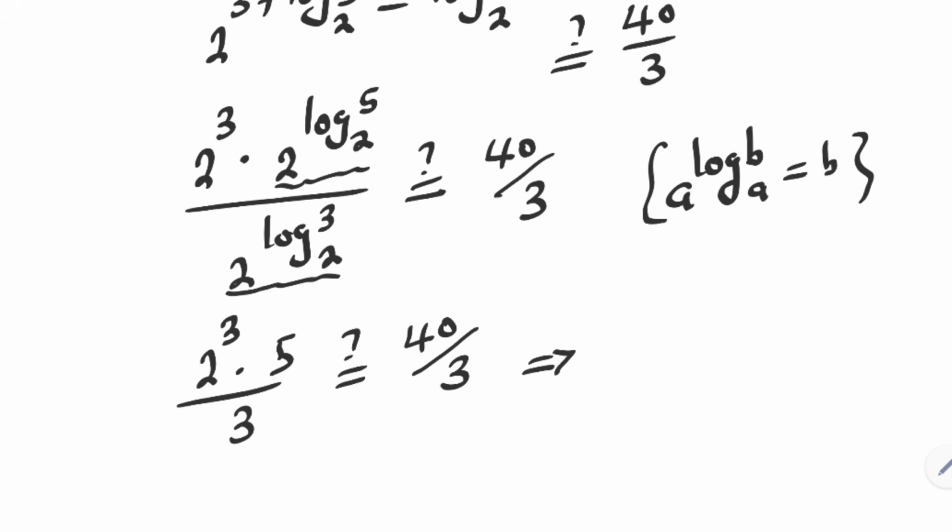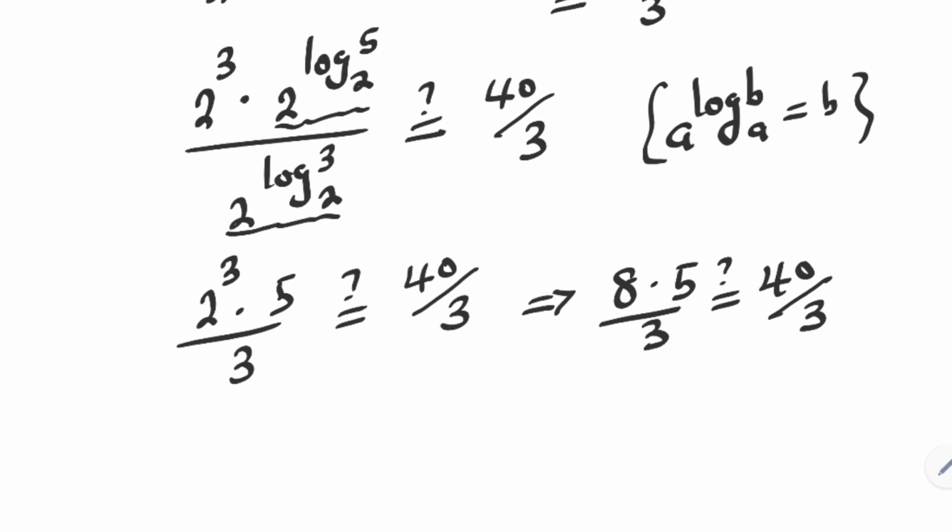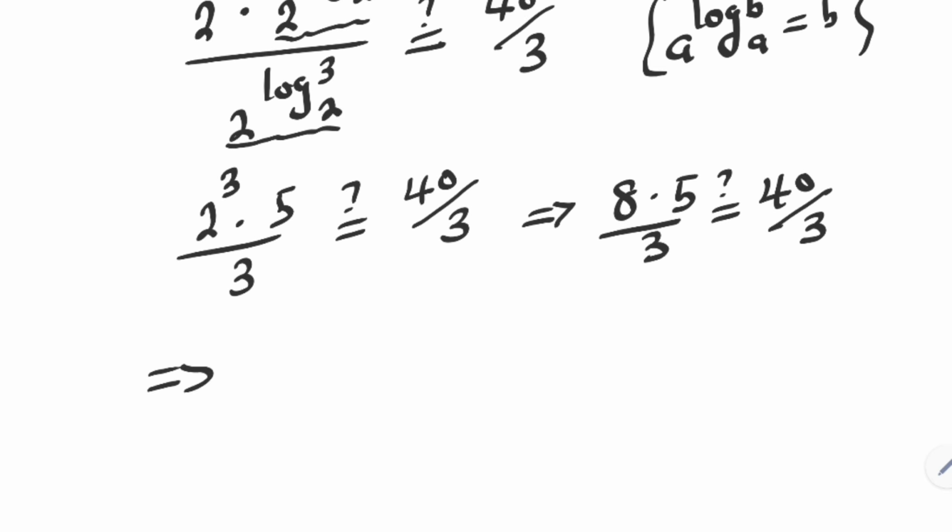This is same thing as 2 raised to power 3, that is 8 multiplied by 5 over 3 must be equal to 40 over 3. Now we have the left hand side, 8 times 5, that is 40 over 3, is equal to the right hand side, 40 over 3, which is true.